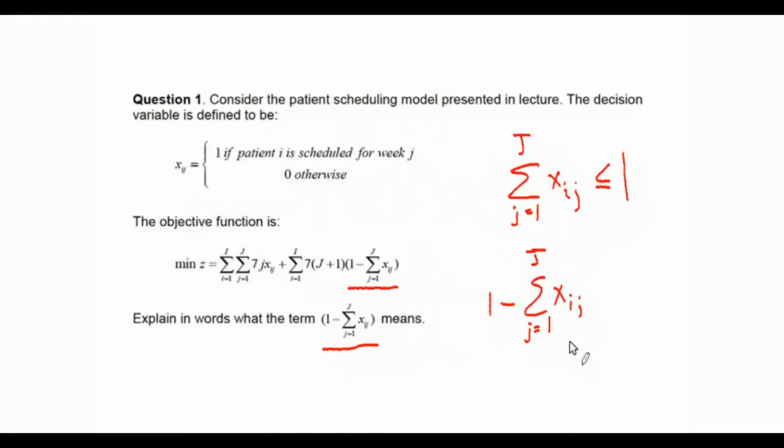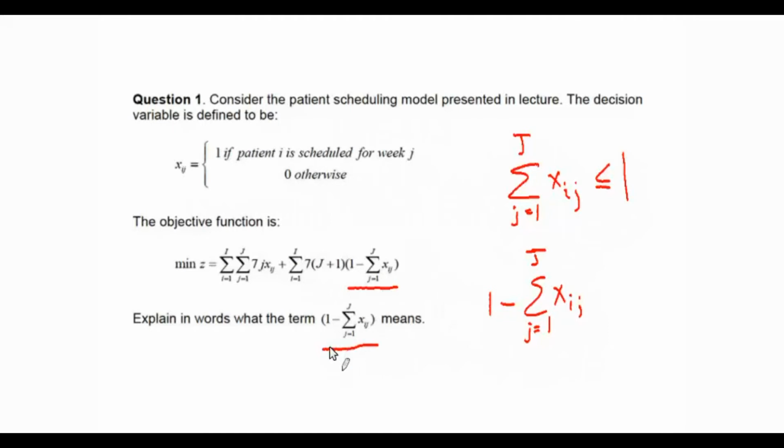So if this sum takes on the value of 1, which means that the patient is scheduled somewhere in weeks 1 through capital J, then 1 minus 1 is 0. So this term would take on a value of 0 if the patient was in fact scheduled during periods 1 through capital J.